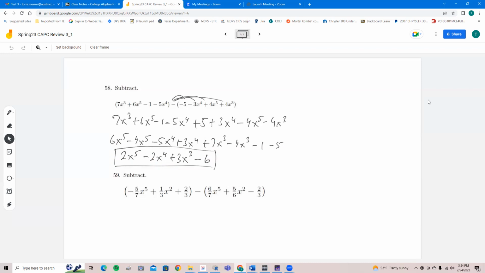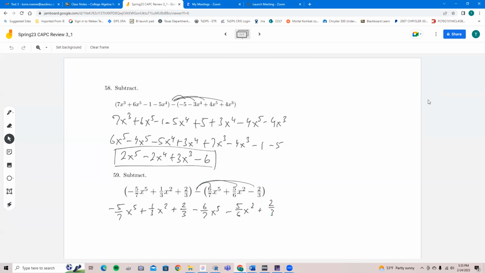Okay, last one, same thing. Distribute the negative here, here, and here. So negative 5/7 x to the fifth plus 1/3 x squared plus 2/3, then minus 6/7 x to the fifth minus 5/6 x squared plus 2/3.